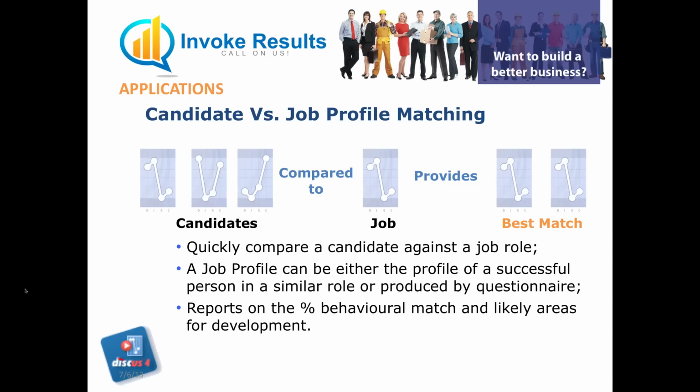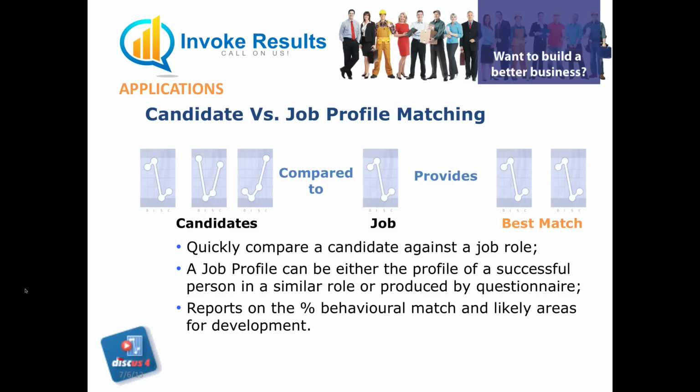So DISC has a job profiling element built in, where we can profile the behavioural demands of the job you're recruiting for. You might, for example, fill in a questionnaire. If there's never been anyone in that role before, we can produce a profile based on asking you questions about what the demands of the role are. However, what I've done a lot with organisations is benchmarking their best people in a particular role.